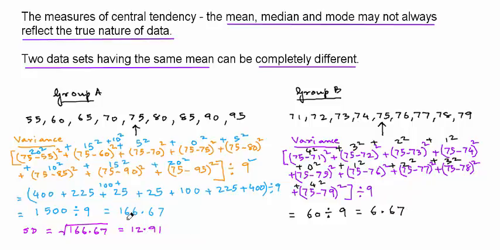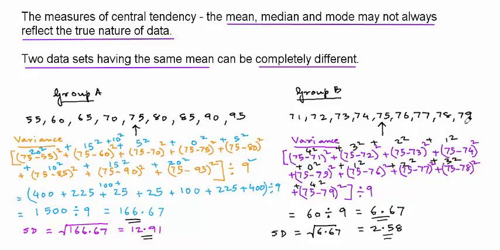Look at this, 166, and this is only 6. And the standard deviation is the square root of the variance. So it's the square root of 6.67, which is equal to 2.58.